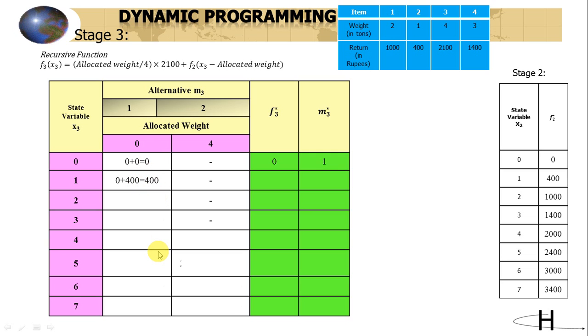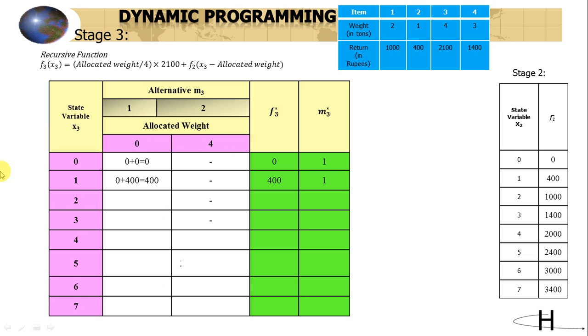So the best value of the recursive function is 400 with respect to alternative 1. So starting from 0 up to 3 there will be no change in the value of the recursive function for the allocated weight 0, and we cannot allocate weight 4 because it will exceed the limit.